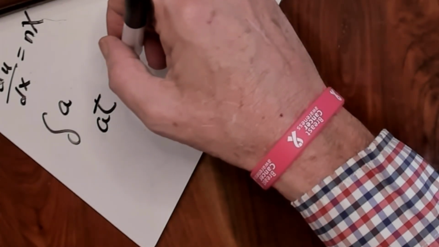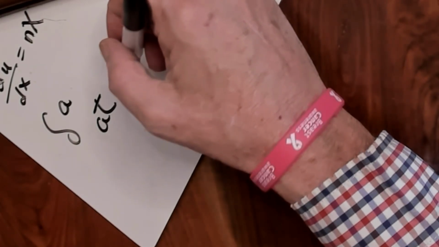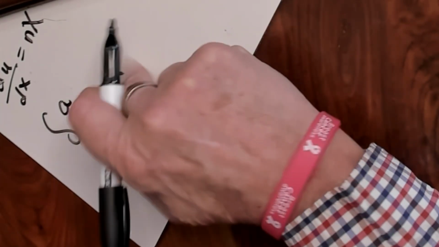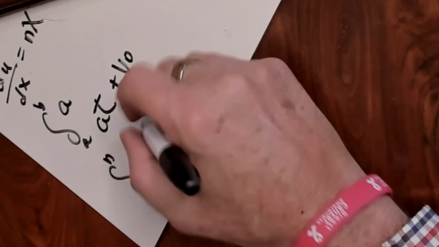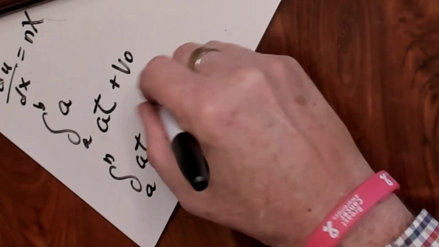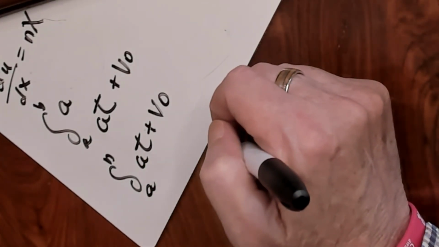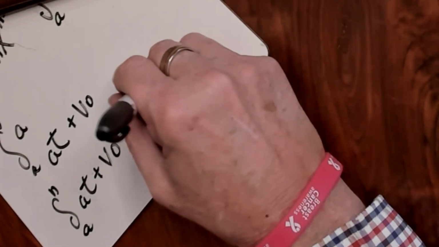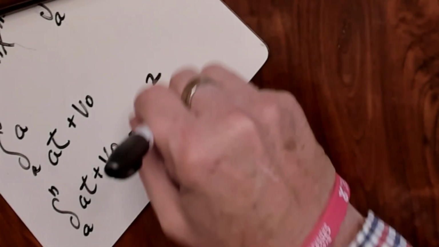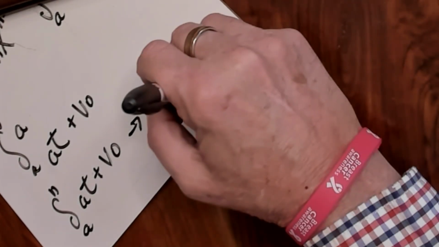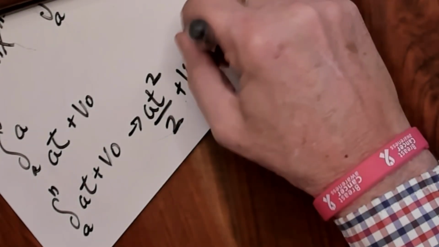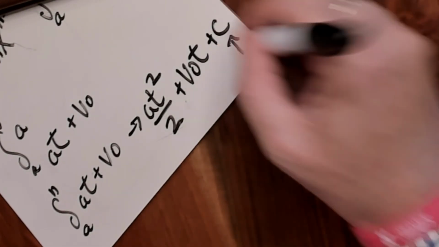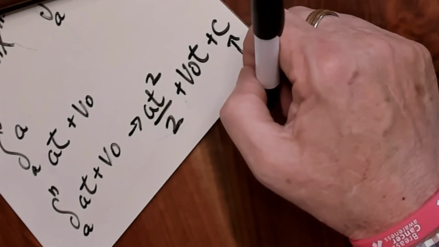The integral of acceleration is velocity. So what is this constant? That constant is the initial velocity. If we integrate the velocity, what do we get then? Well, we get at squared over 2 plus V0 t plus a c. What's the c here? That's the initial position.